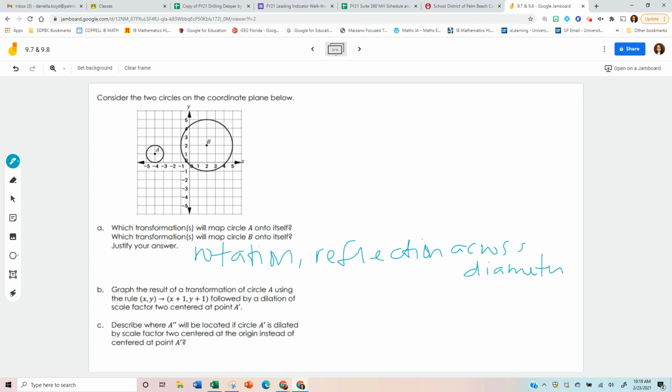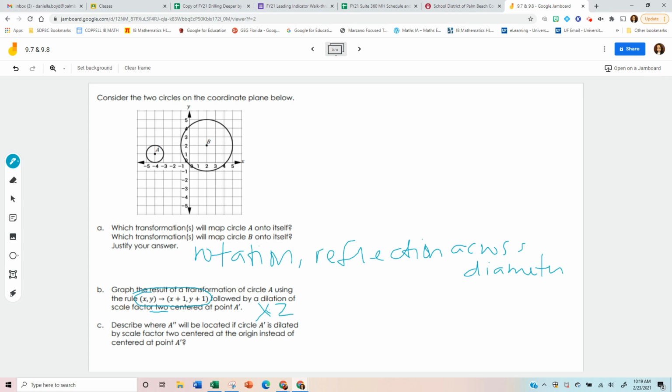Okay, so graph the result of a transformation of circle A using the rule. So this is a translation, and then this is followed by a dilation scale factor of 2. Scale factor of 2 means that I am getting 2 times bigger.